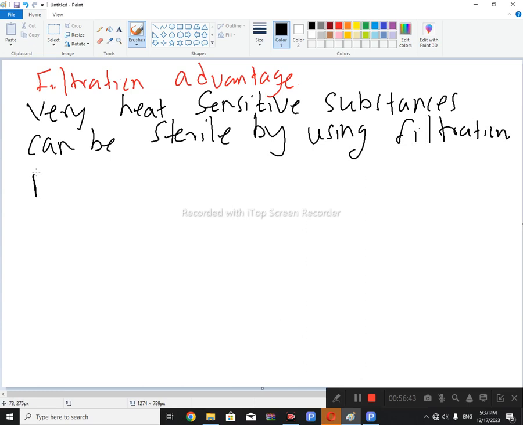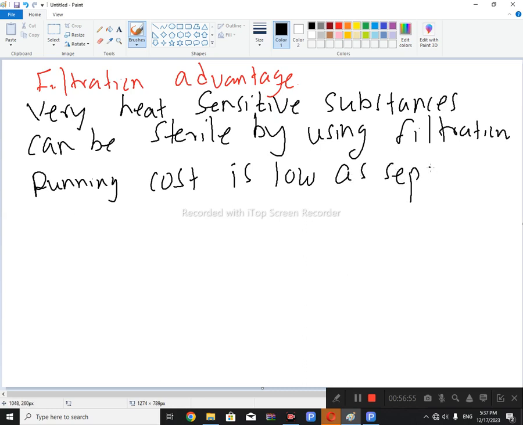Running cost is low as a separate filter medium is not used.